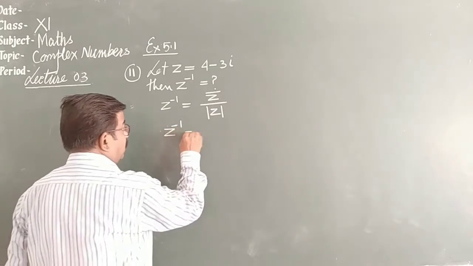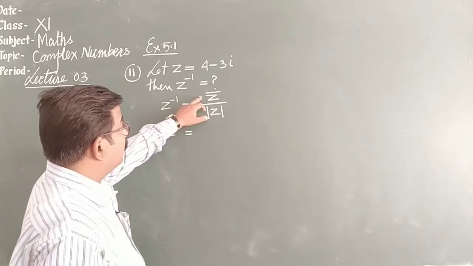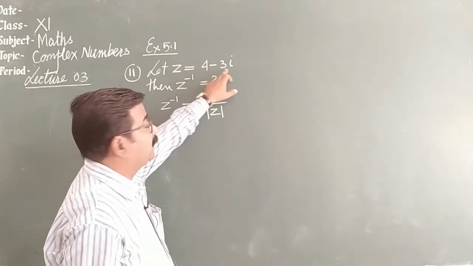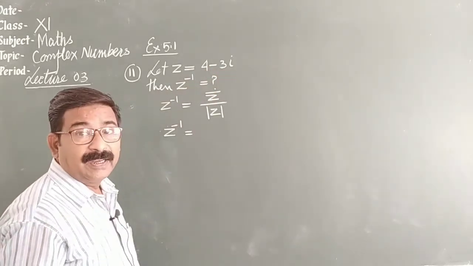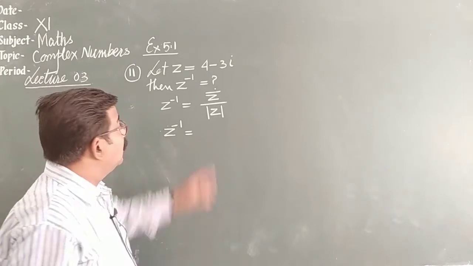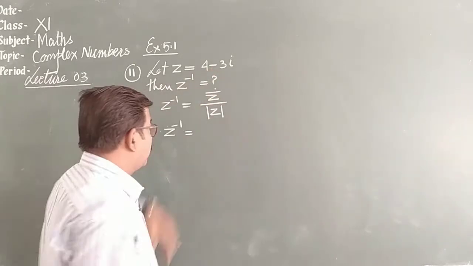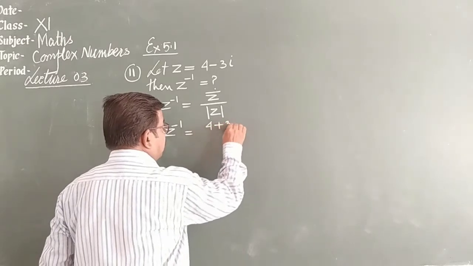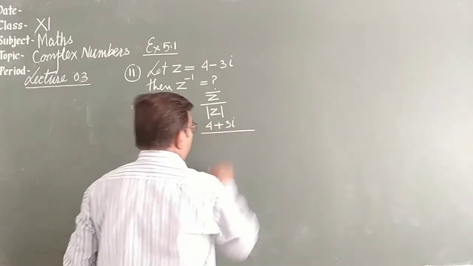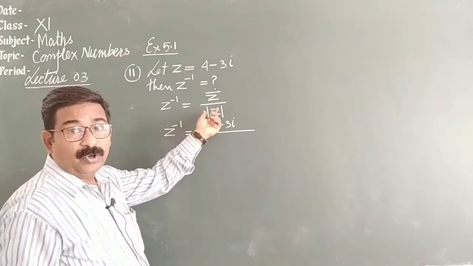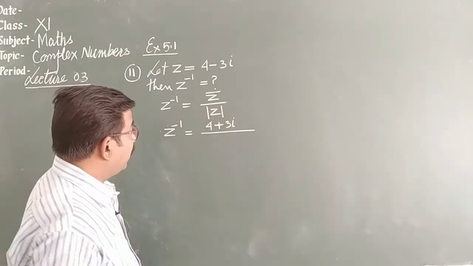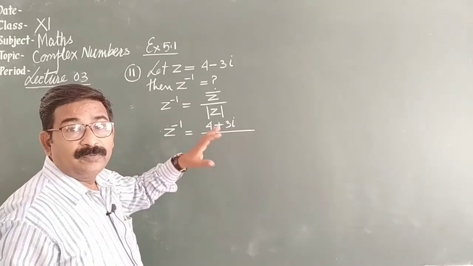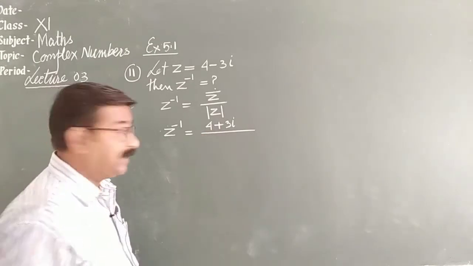z inverse is equal to conjugate of z, which means we have to find the conjugate of 4 minus 3i. Its conjugate is 4 plus 3i. We write 4 plus 3i upon modulus. I told you we find the modulus by root over the sum of squares of the real and imaginary parts.